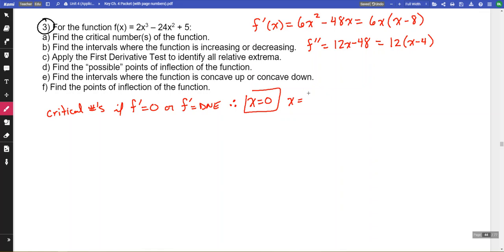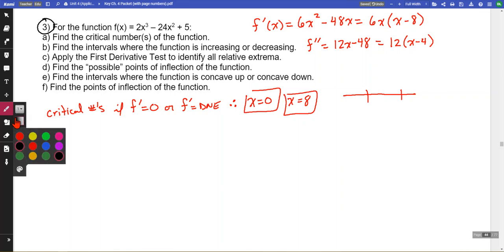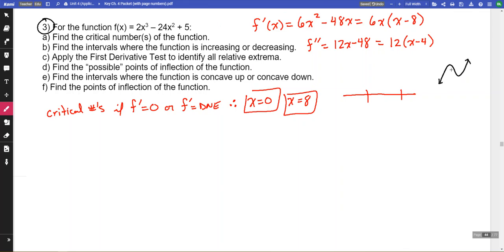All right, so that's going to be where, if I'm going to have maximums and minimums, they will occur at x equals 0 and at x equals 8 for our function. Where is my function increasing or decreasing? Well, let's do a quick sign analysis, and recognize that we really don't need to do the sign analysis if we understand that we have a cubic function that is increasing there.